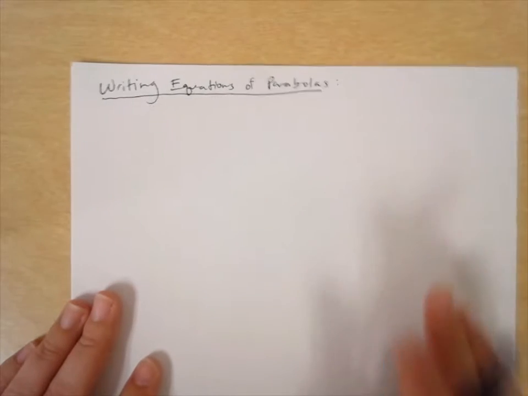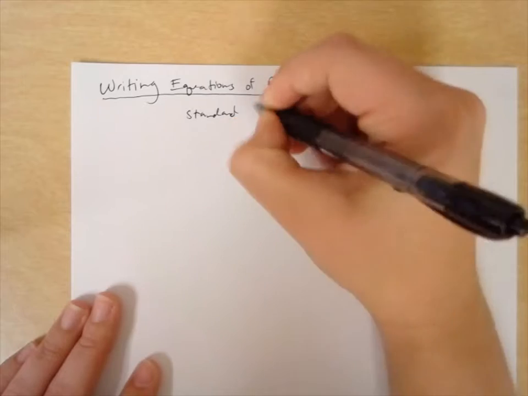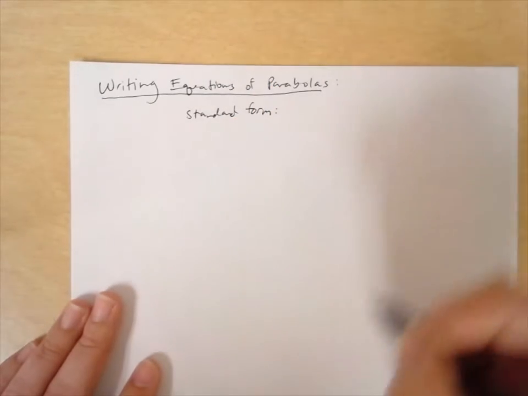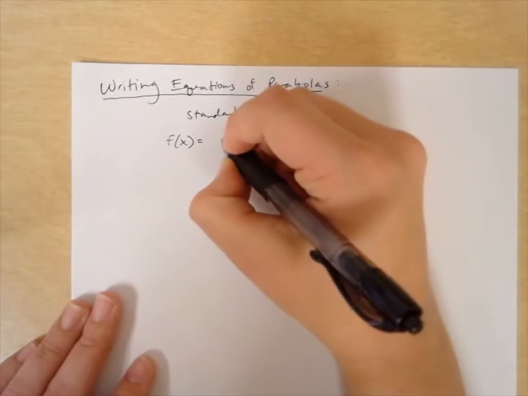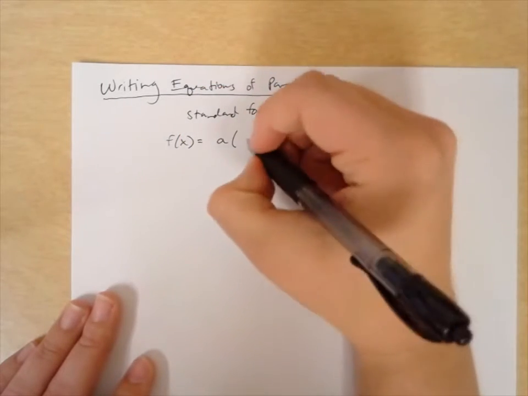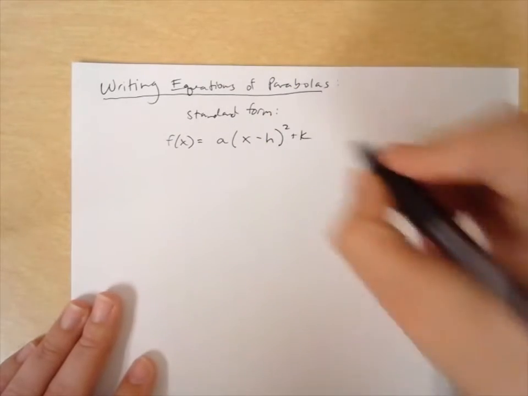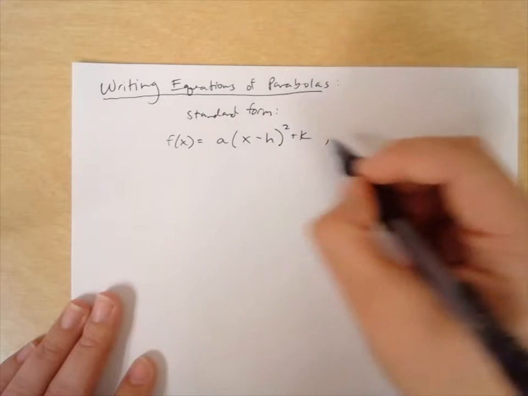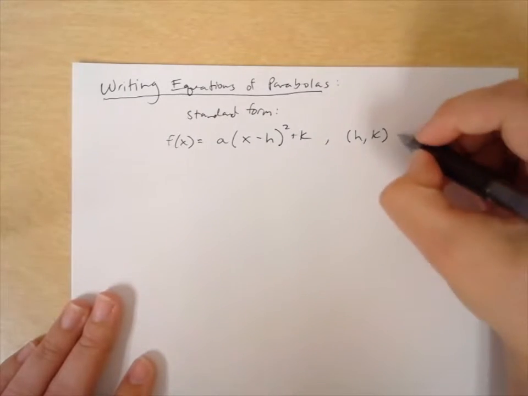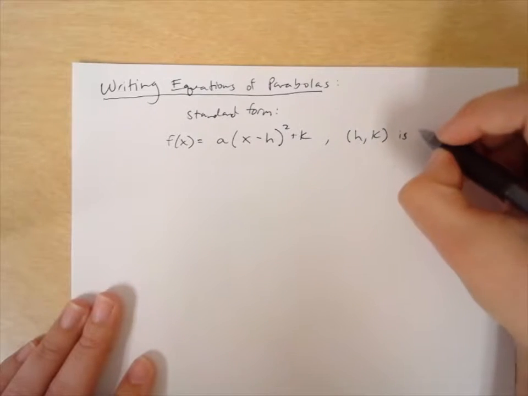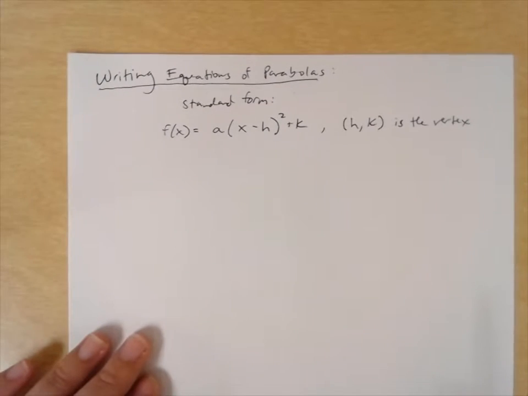In order to do this, we need to recall the standard form of a quadratic function, which says that f of x equals some value a outside, x minus h squared plus k, where this h and this k are the vertex. They make up our vertex.